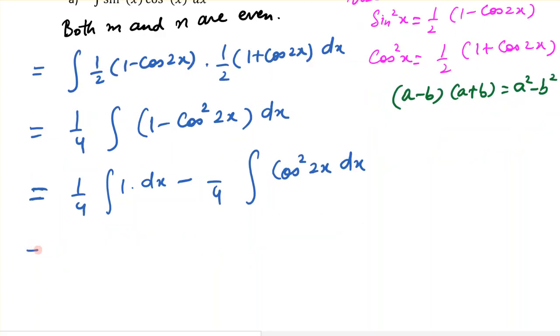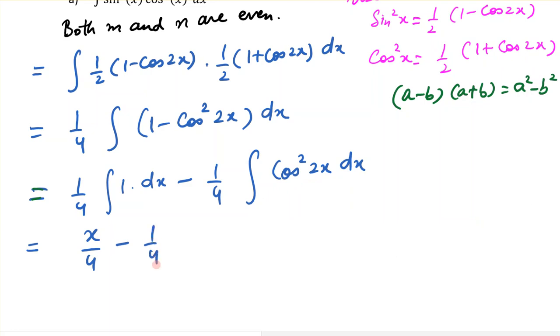The integral of dx is just x, so we get x/4. And for this one, we have cosine square, so we can again use our identity that cosine square x is equal to half times 1 plus cos 2x.